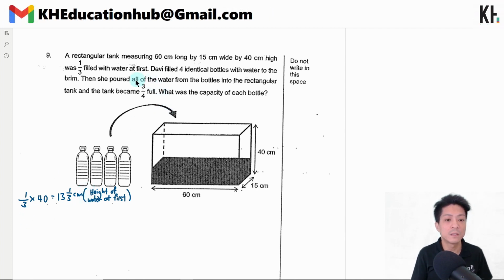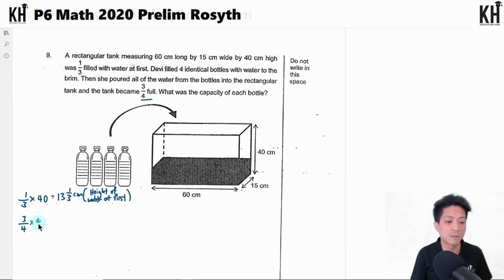Then after that, the tank became 3/4 full. So I'm going to use 3/4 times 40. This is a bit easier. 30 cm.